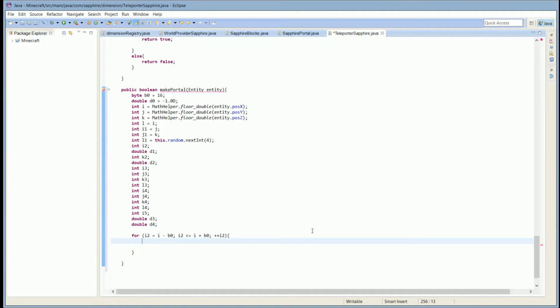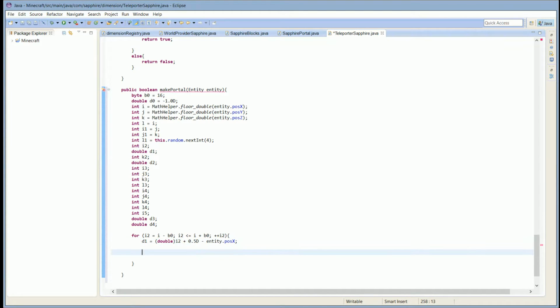Inside this for loop, we have d1 equals double of i2 plus 0.5D minus the entity's entity.posX. So d1 is going to be double of i2 plus 0.5 minus the entity's x position.